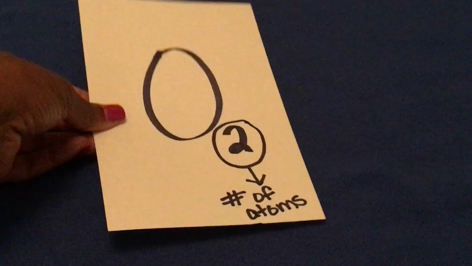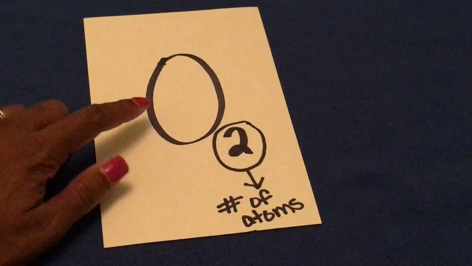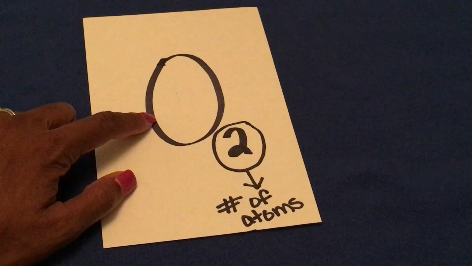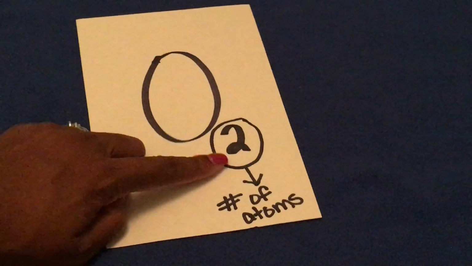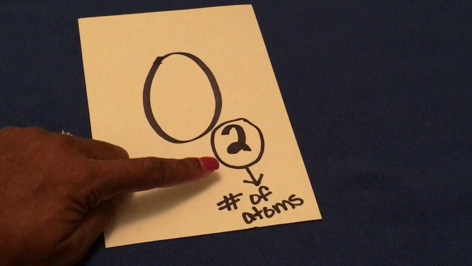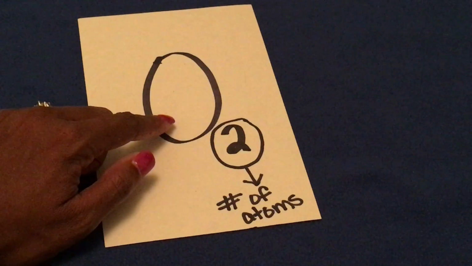Okay? Let's look at another molecule. It's no longer an element, and that is atmospheric oxygen. That is what this is. So you would think that this would just be an element, but because there are 2 oxygen here, it is no longer an element. It is now a compound.